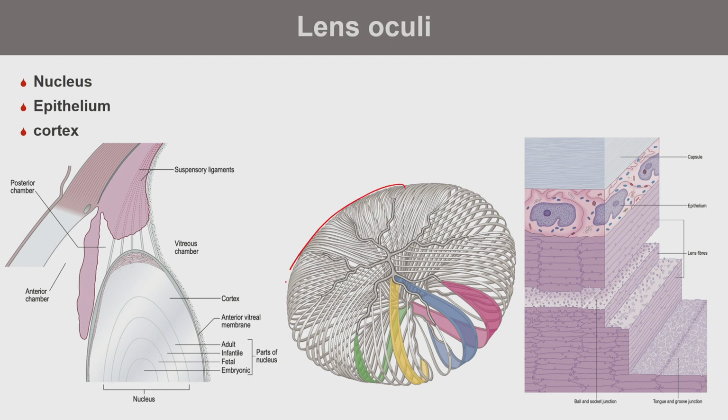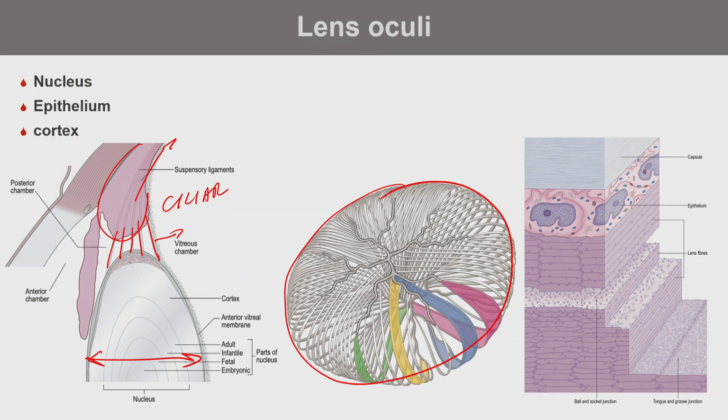So lens oculi is again a gelatinous structure which has its shape, and the shape is changed by the traction by the ciliary body, and those zonula are under tension or they are released, and then the anteroposterior diameter of the lens is changed, and it is changing the number of dioptries, and then it's focusing the light to the retina.